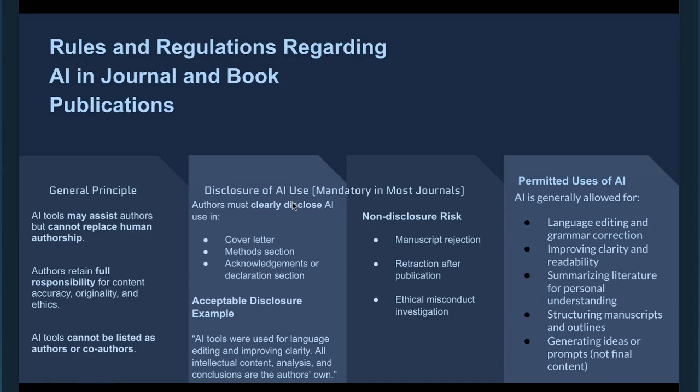Then disclosure of AI. If you have written something, a particular chapter or a book, then please clearly mention in your disclaimer, acknowledgement, or somewhere in the book that this is the section which is written using AI or partially written using AI or whatever the amount is.